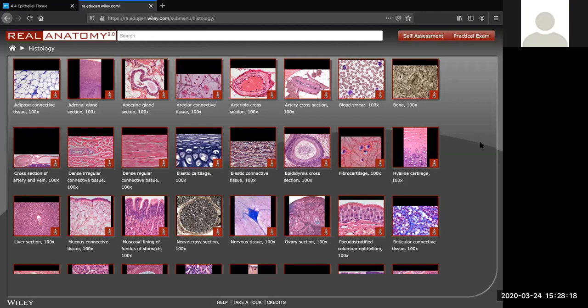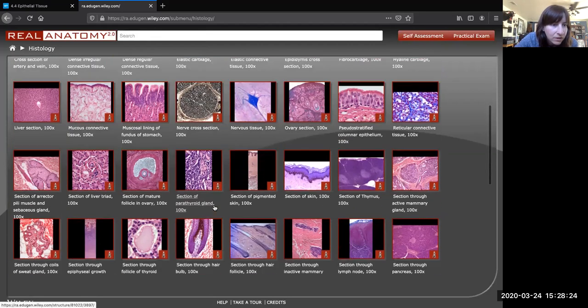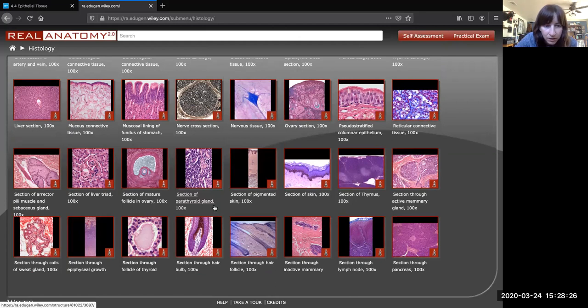Perfect. Okay, I want to know if there's trachea, mucosal lining of stomach, liver. Anybody see trachea or bronchi? Bronchus? Bronchus or trachea?